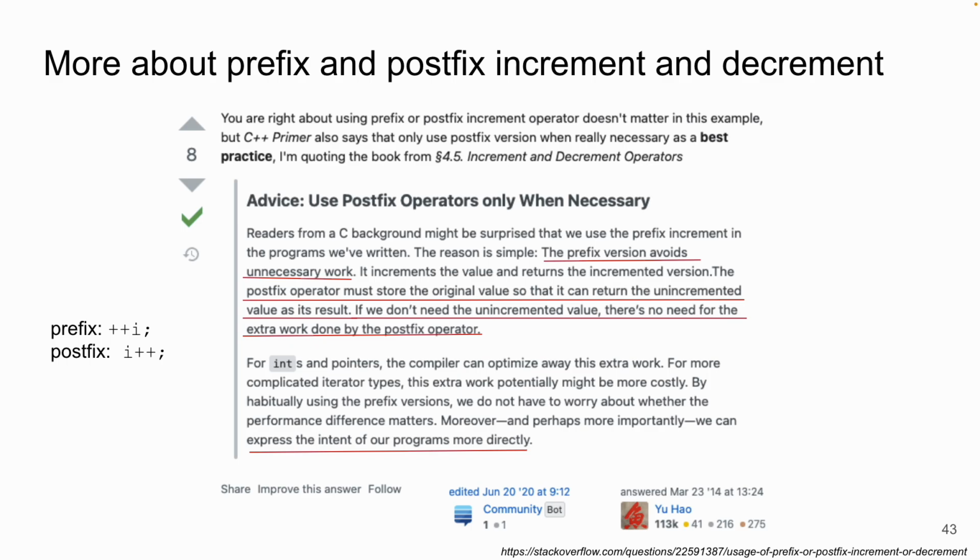But in some situations, if you really need the postfix operator, I think you can use it without problems because our computers nowadays are really powerful. So this slight little work doesn't really affect the efficiency of your program. If you are curious about the comparison between prefix and postfix, I recommend you search online or discuss it with generative AI to learn more.